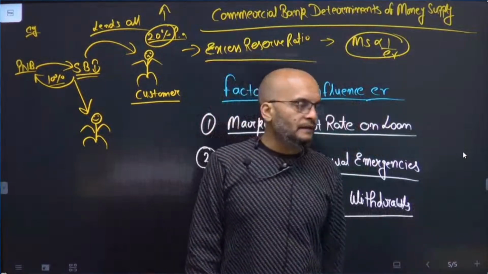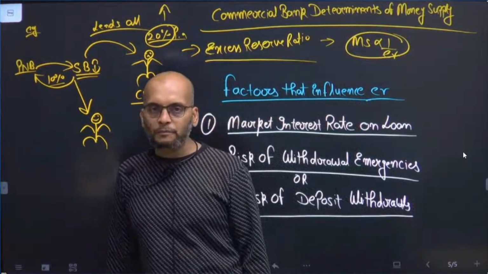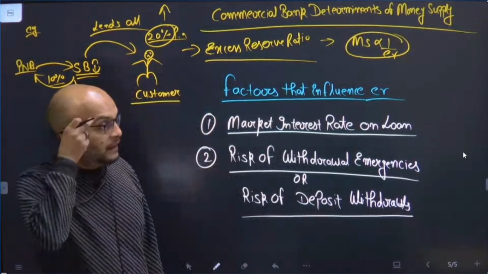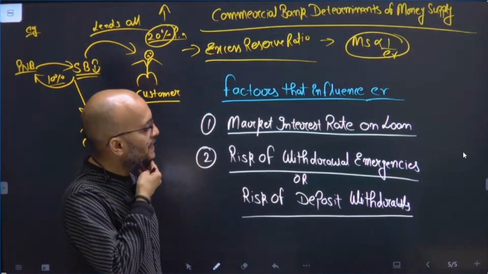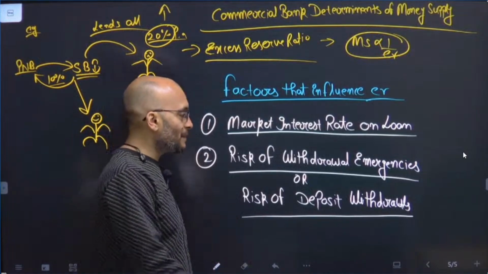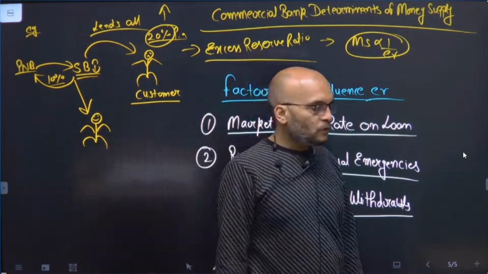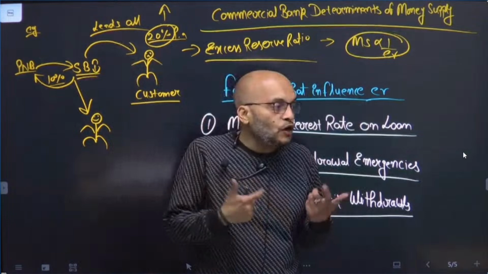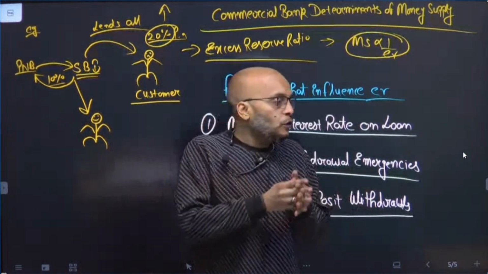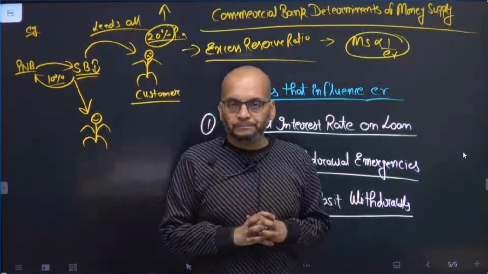Bank run can also be the case. Some rumor spreads out that SBI is running away with all your money. Whatever the scene, if any such emergency occurs, more people go to the bank for withdrawals.